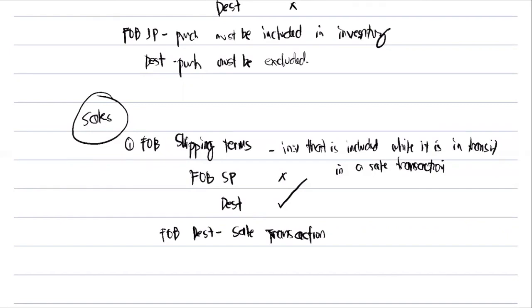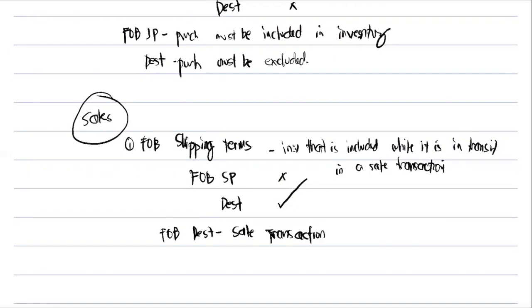Therefore, if you are selling, the inventory is still included in your inventory if your shipping term is FOB destination, because as of that moment, the ownership, or the risk and reward, still remains with you as the seller. It will only be transferred at the time it is received by the buyer.